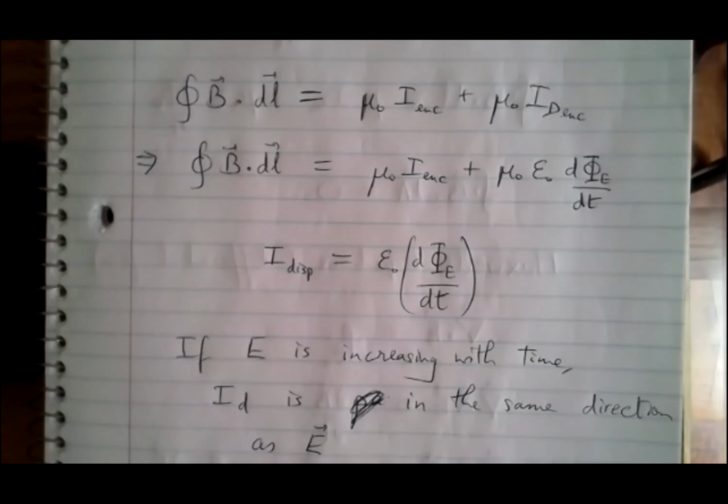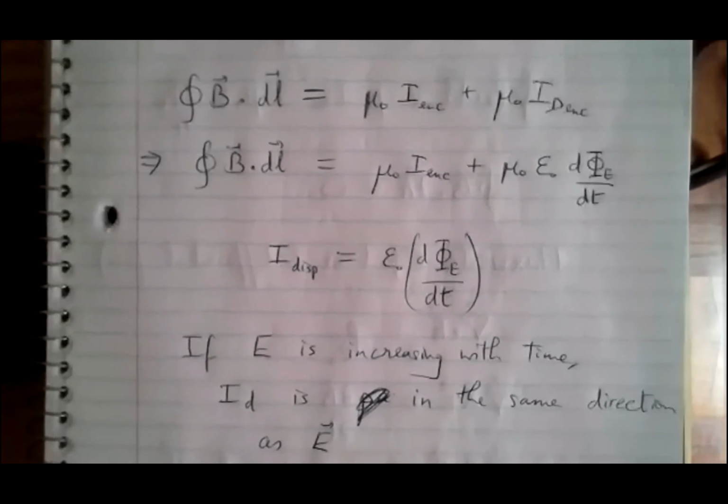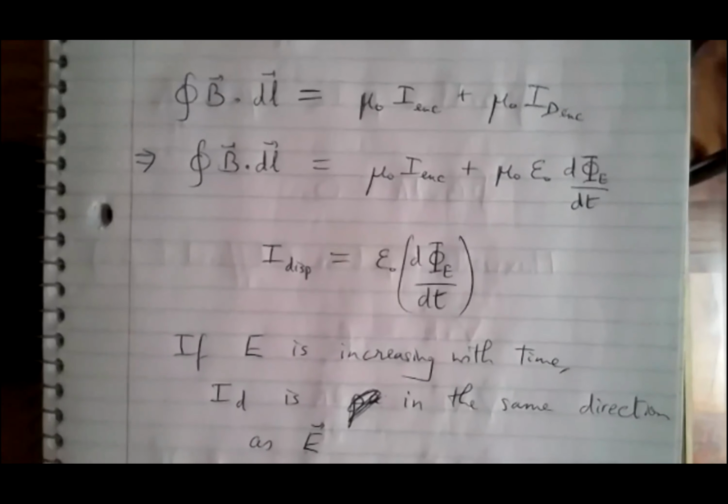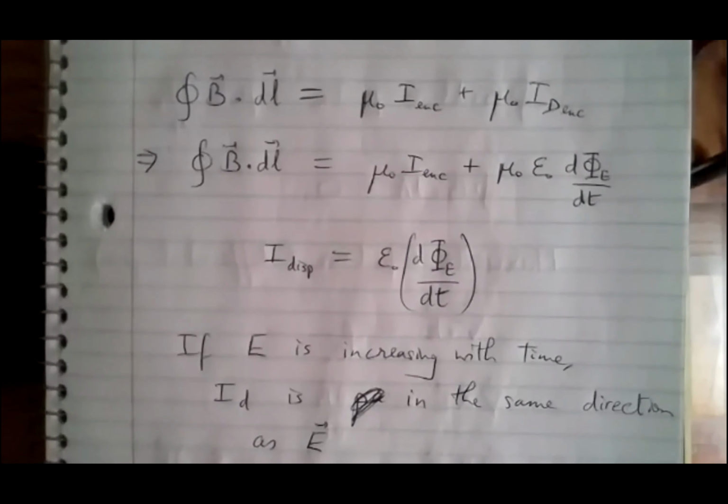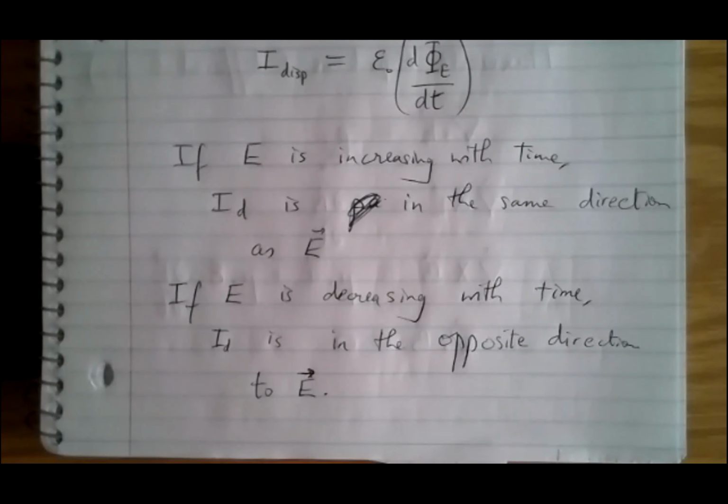Once you knew the direction of the displacement current, you could use all the usual right-hand rules: point your thumb in the direction of the current, and your fingers curl in the direction of the B field. If your E field was decreasing with time, then the displacement current would point in the opposite direction to the electric field. So any questions so far?